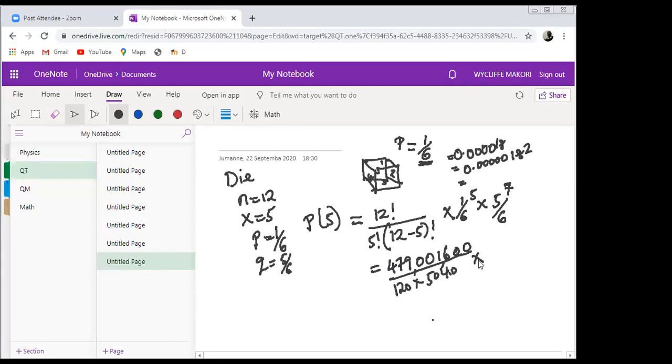Then you will multiply by, what is 1 over 6 power 5, sorry, not times 5. 1 over 6 power 5 is the same as 1 over 7776. Then we multiply by, what about 5 over 6 power 7?